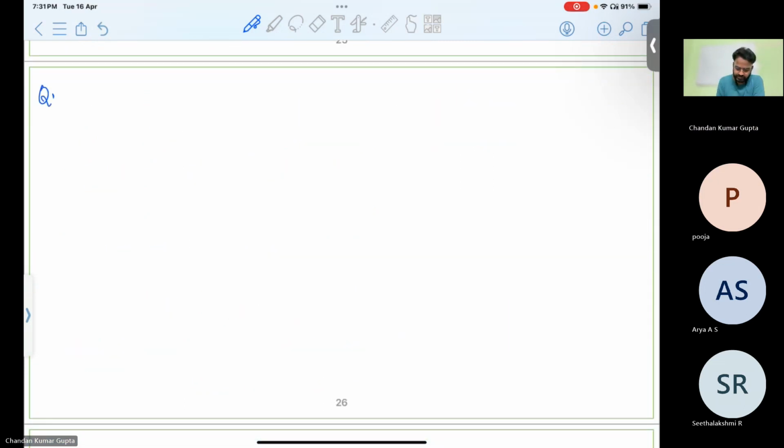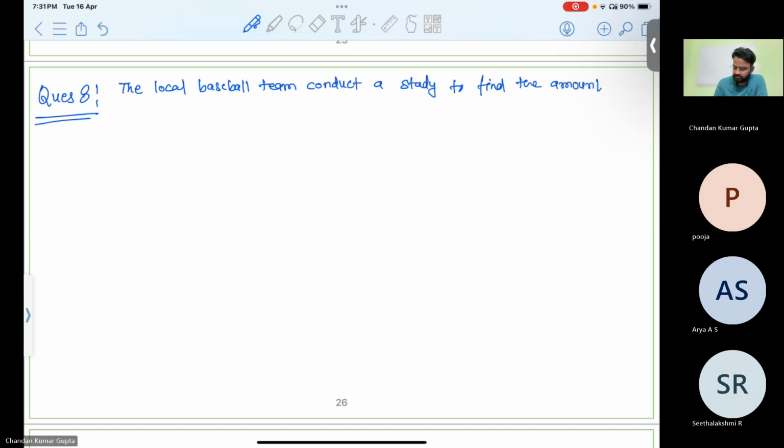Now the next question is: the local baseball team conducted a study to find the amount spent on refreshments at a ballpark.